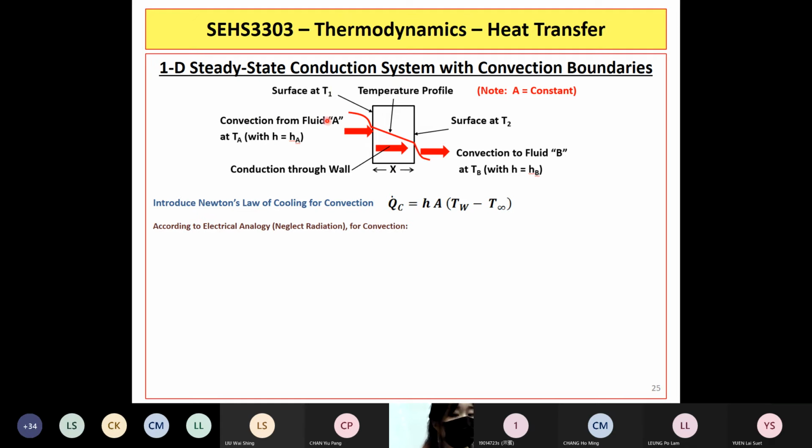Convection from fluid A to this surface, well, convection from this surface to fluid B. Two convection boundaries. Due to the temperature difference, we also have the conduction through this wall, this solid. That is fluid, solid, and fluid.